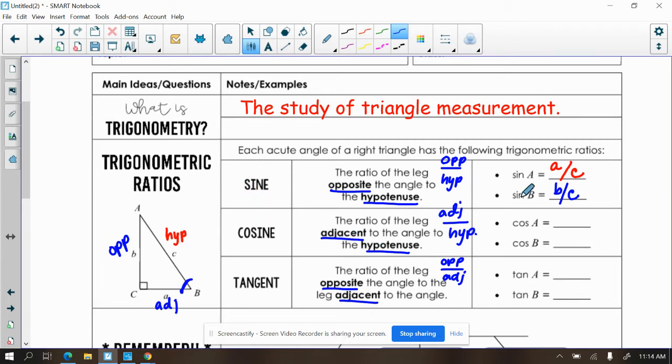Then we can look at cosine. Cosine of A, so we're back to A, the red one.